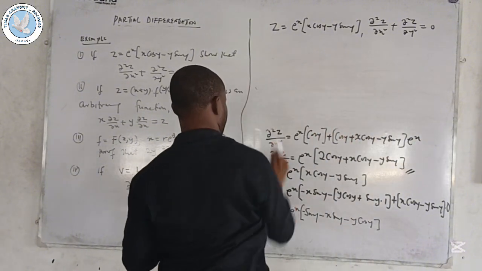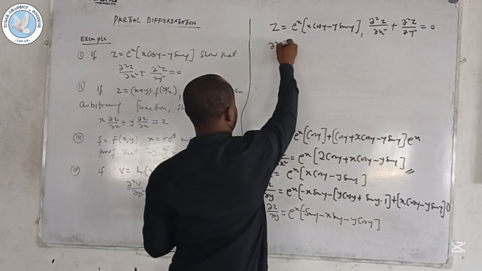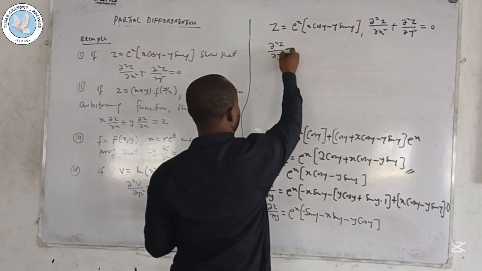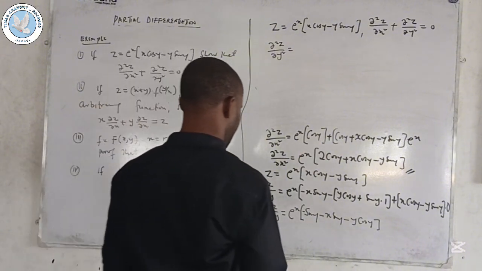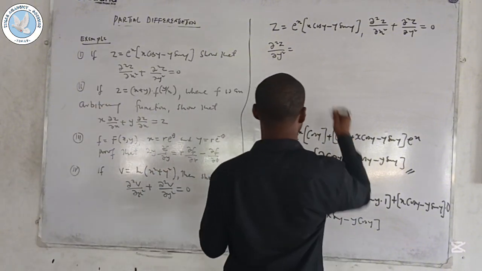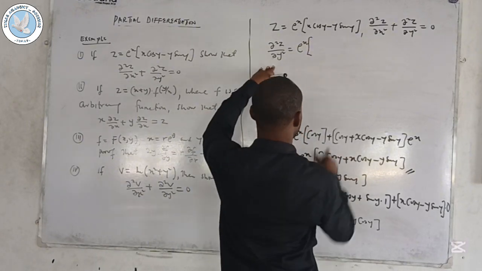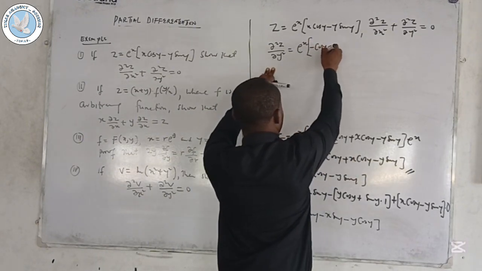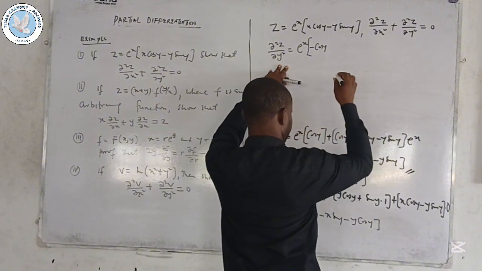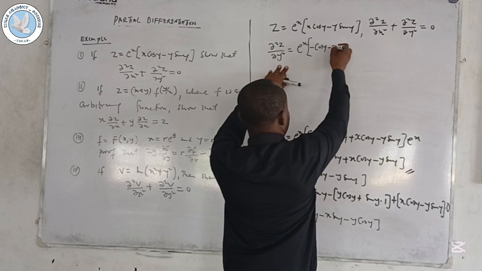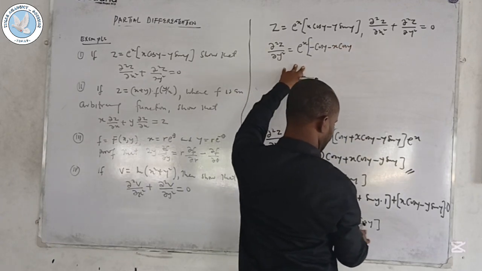So at this point, we further differentiate with respect to y, and this is giving us that exponential x into this is minus cos y, and this is minus x cos y, and also this is product rule.